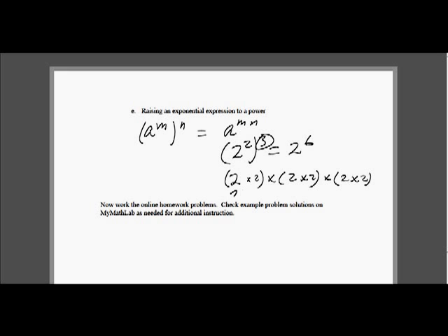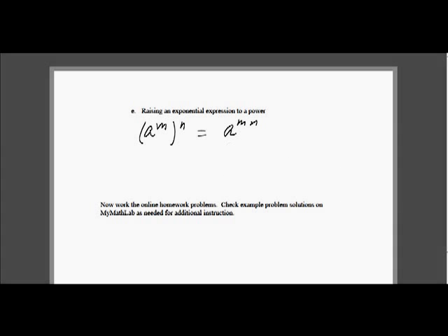We might remove the parentheses here and have 2 times 2 times 2 times 2 times 2 times 2, which is equal to 2 to the 6th power. I want to also note here that we may encounter this expression, the quotient of a and b raised to the m power, and sometimes it's convenient to write this as a to the m power divided by b to the m power.